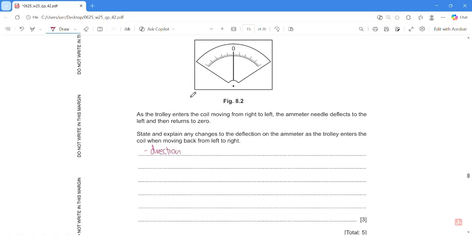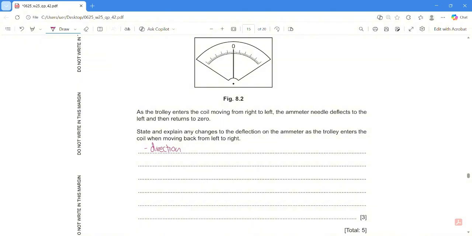So your current only moves in one direction, so the direction is still the same, still to the left. But your speed is lower.